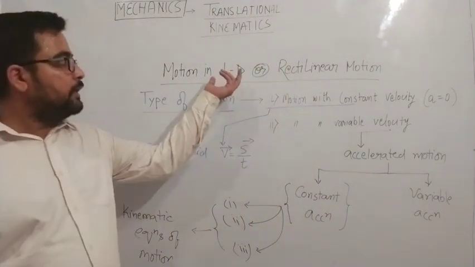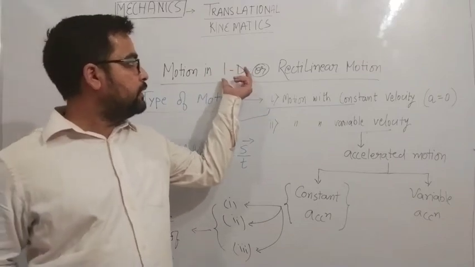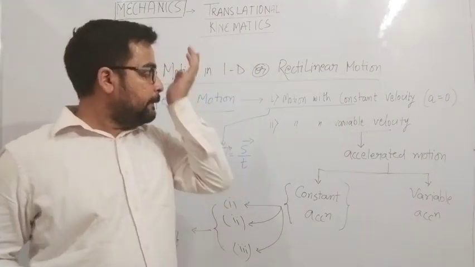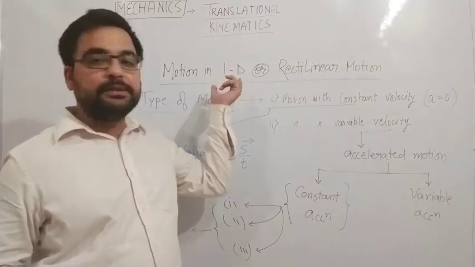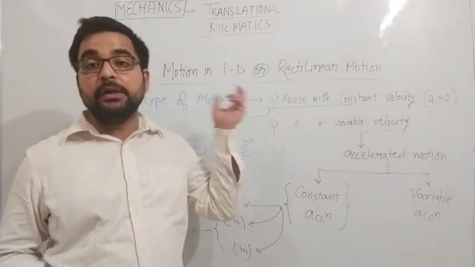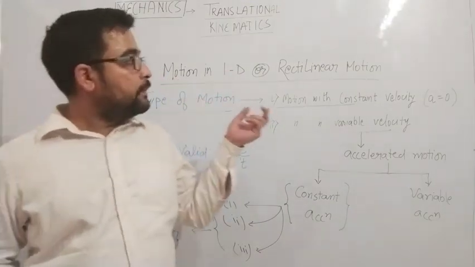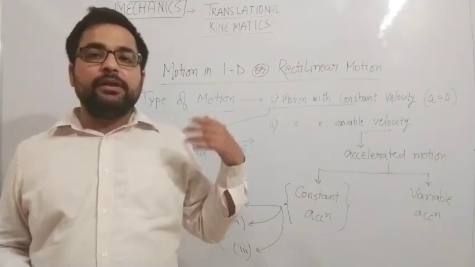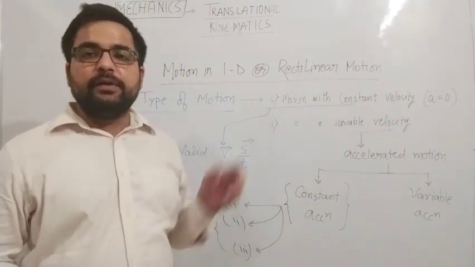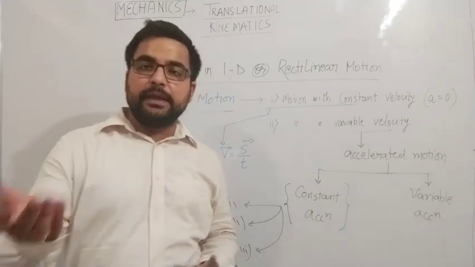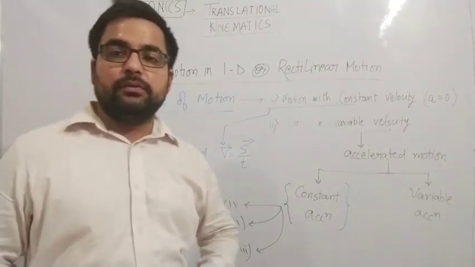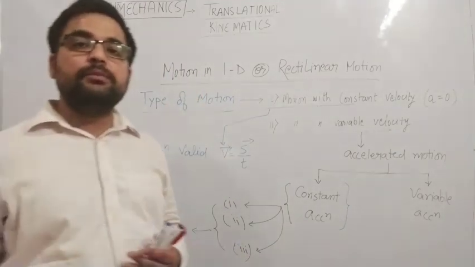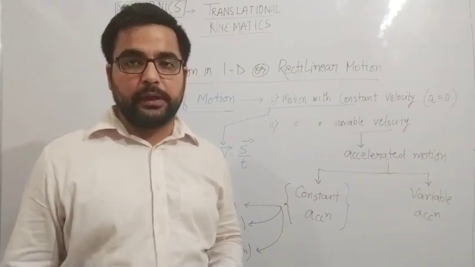Now, as we are working with one-dimensional motion, direction will not be very important. We can treat it with negative and positive signs as we do. But in two-dimensional motion, direction becomes more important.